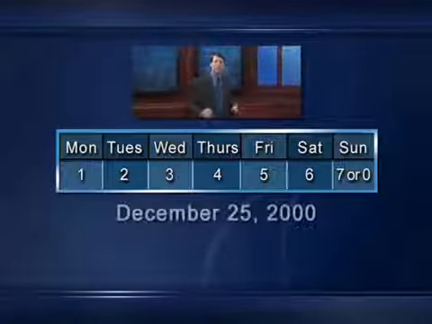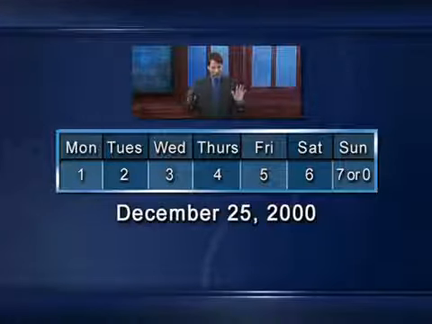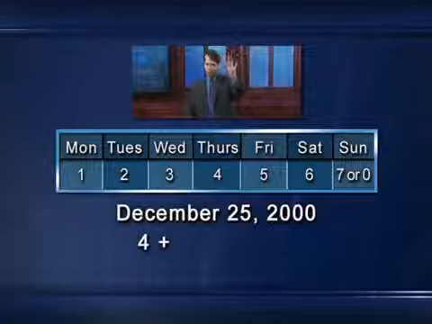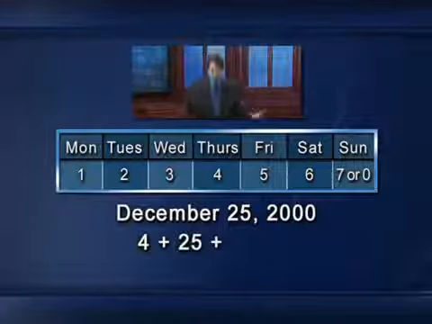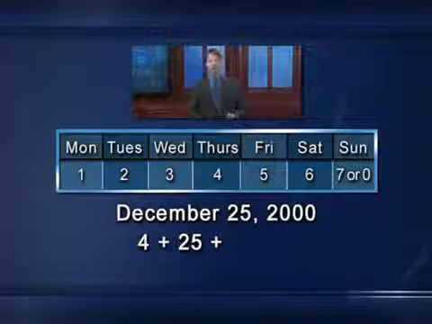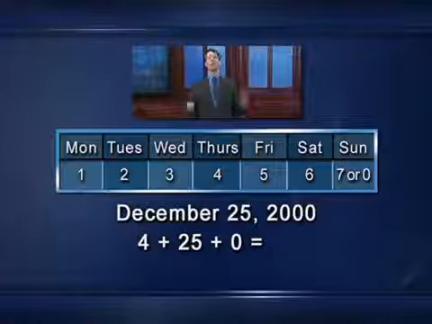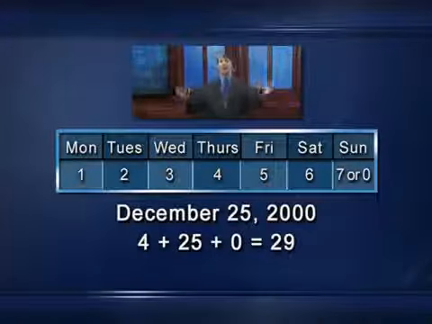Okay, one more. Let's try December 25th, 2000. All right, so December has a month code of, it was the last month, 4. For the 25th, we add 25. And for 2000, we add 0. 4 plus 25 plus 0 is 29. What's day number 29? I don't know.